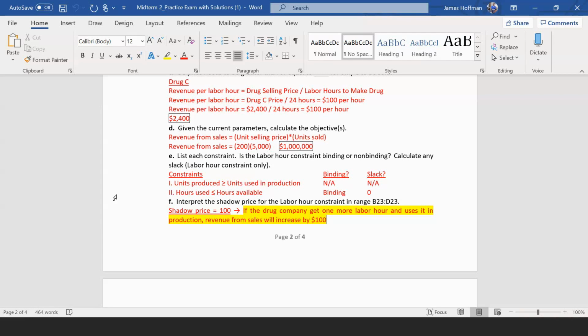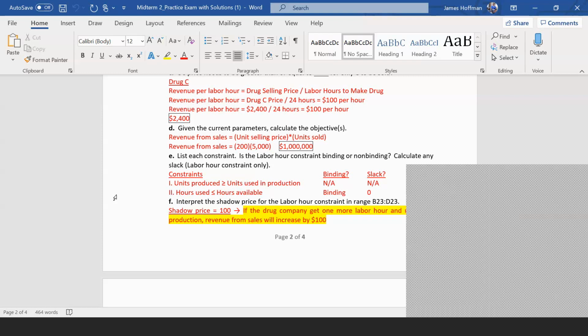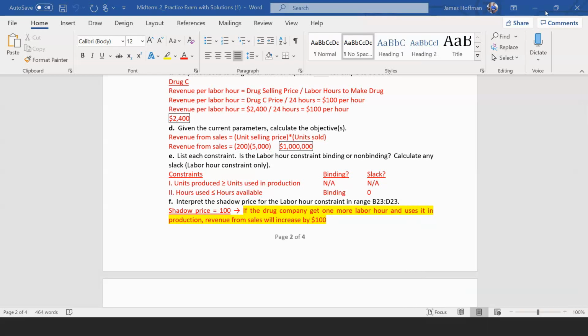Okay. So question one is going to be that big question on the drug production question. So it'll be similar to this one where you do the revenue per labor hour analysis like we did in the practice for the assignment for drug production.